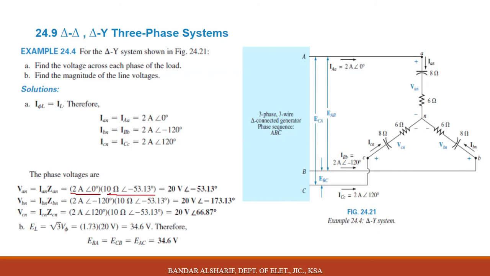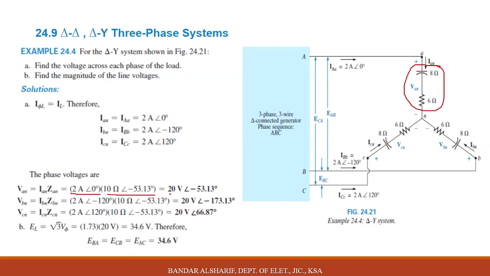When we add these impedances, 6 ohm plus or minus j8, since it is a capacitor, you will get 10 ohm in phasor form, 10 ohm angle minus 53.